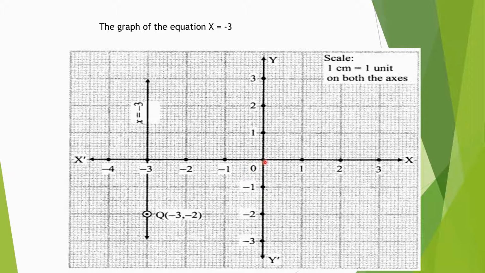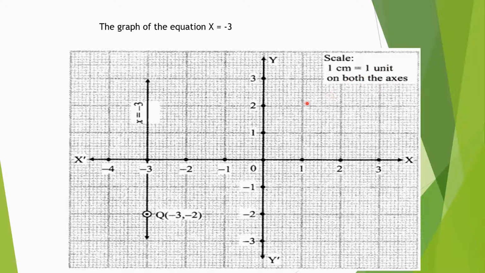On the x-axis, left of zero are negative numbers and right of zero are positive numbers. On the y-axis, above zero are positive numbers and below zero are negative numbers. Scale: 1 centimeter is equal to 1 unit on both axes.